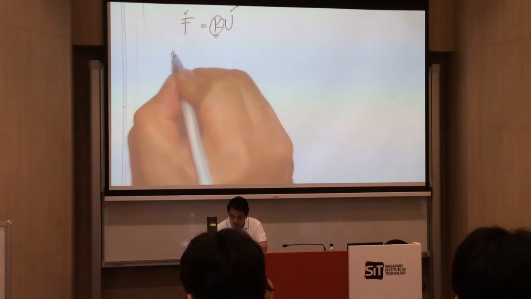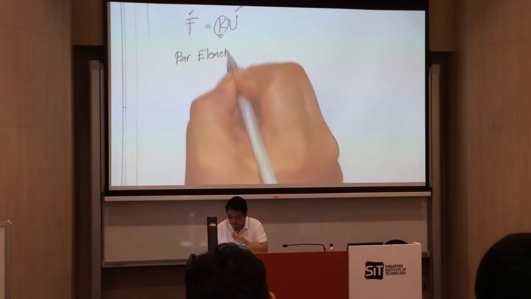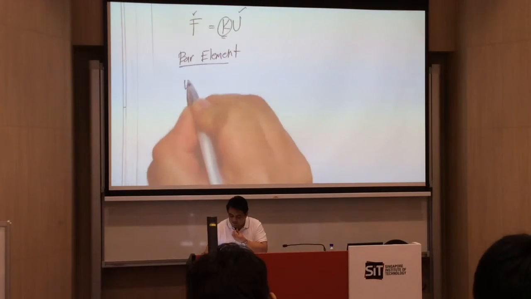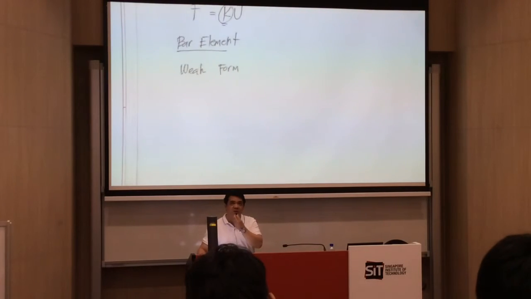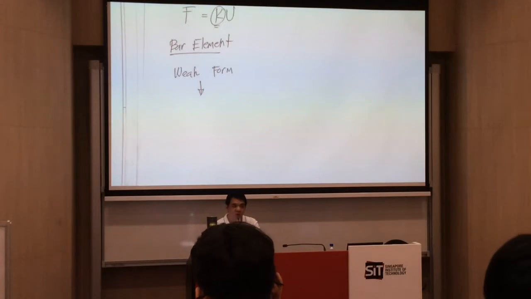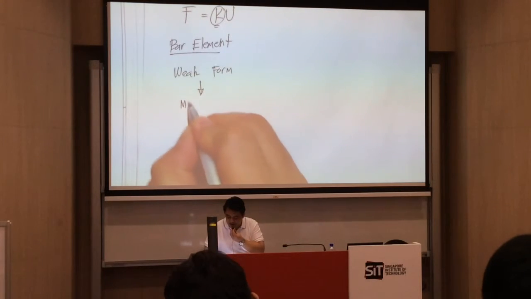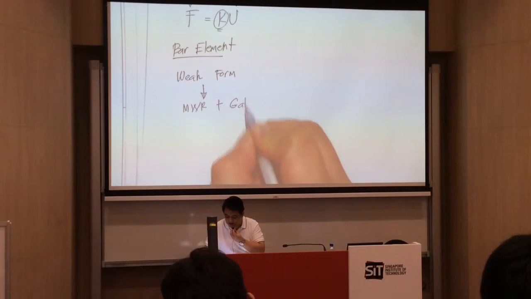So for the bar element that we did, so we have your weak form, and this weak form, we use your method of weighted residual plus that Galerkin's method.